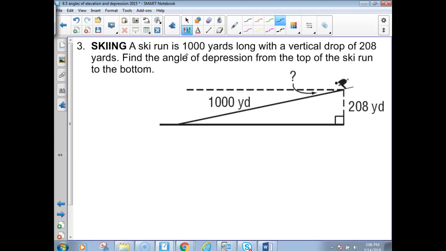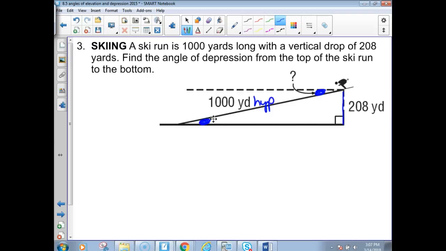So it says this, a ski run that's 1,000 yards long, that's the hypotenuse, with a vertical drop of 208. I don't know what that is yet. Find the angle of depression from the top of the ski run to the bottom. Well, if this is what we want to find, it's equivalent to this by alternate interior angles.